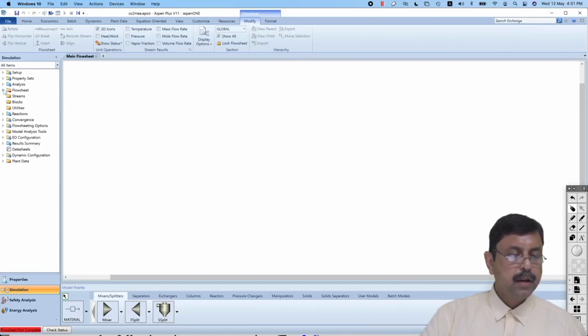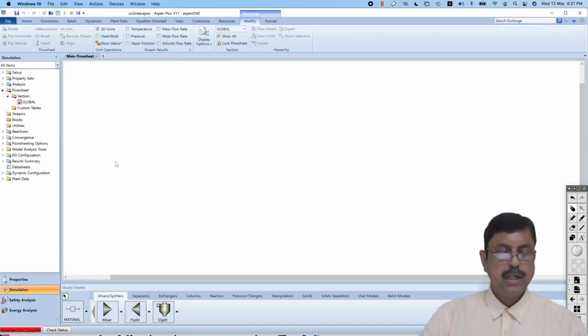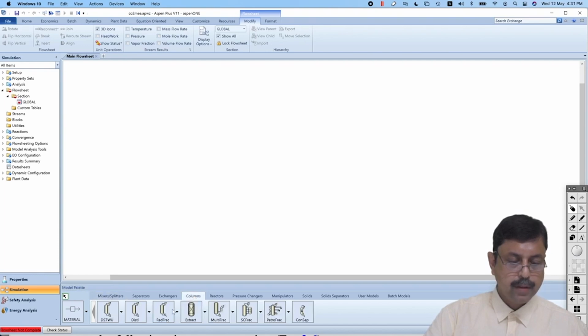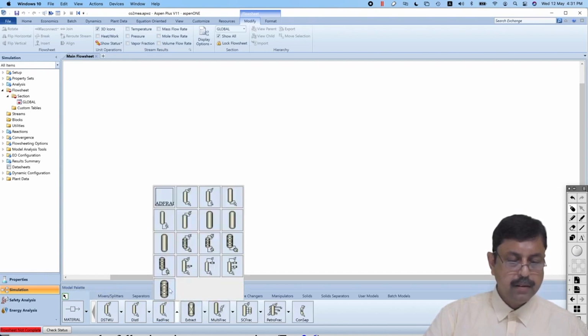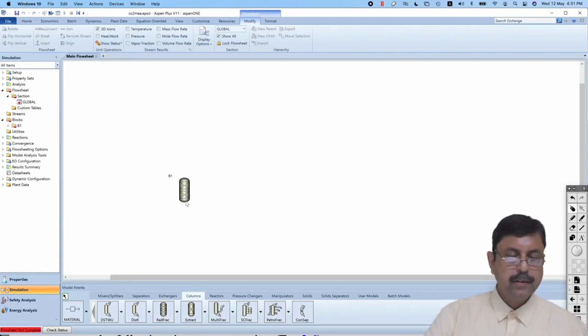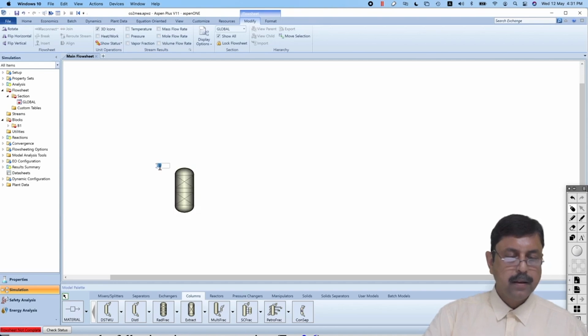Okay. Now, let us open the flow sheet. Okay, so this is the main flow sheet. We have to add a column first. So RadFrac, we use a packed bed column. Let us increase the size a bit. Okay, name it as ABS.